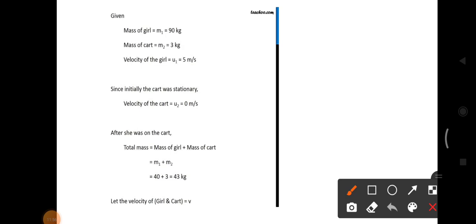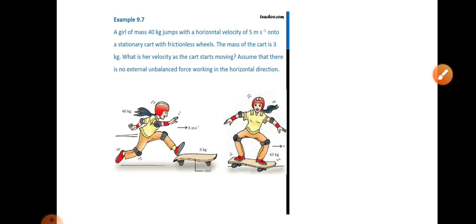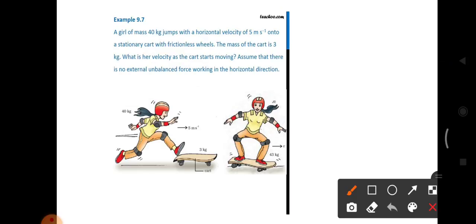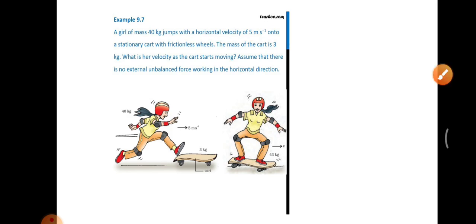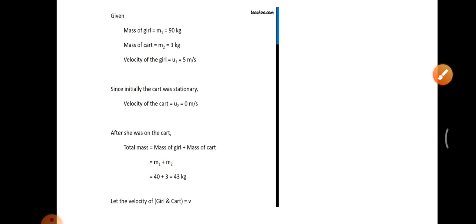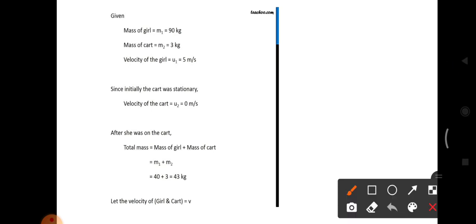The velocity of the girl U1 is 5 meter per second. Since initially the cart was stationary, there is no velocity, so U2 is equal to 0.